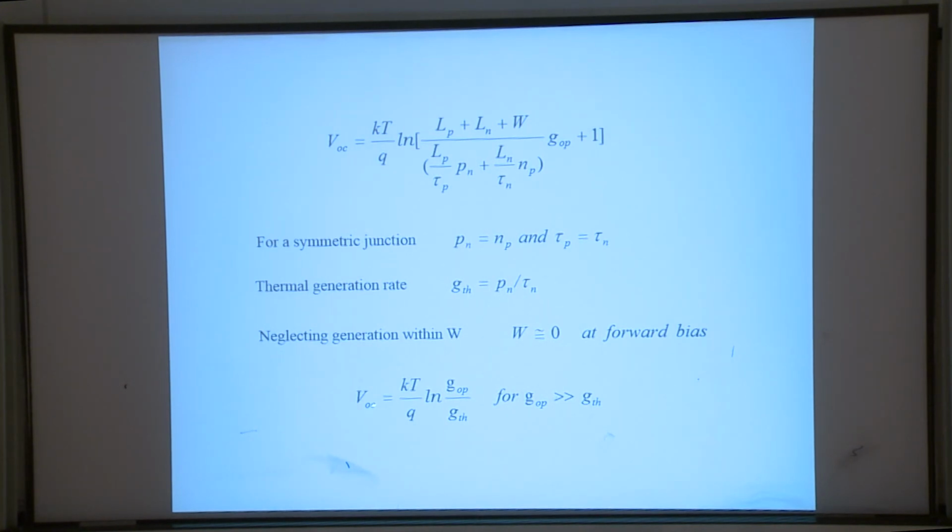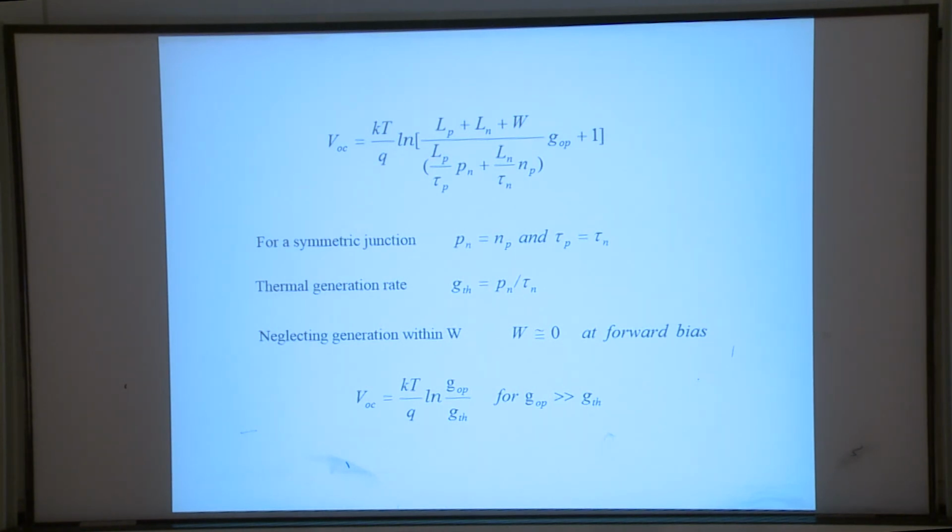So basically, you just need to compare this G to the previous G without being illuminated. Then take the natural log, then you will be able to get VOC.